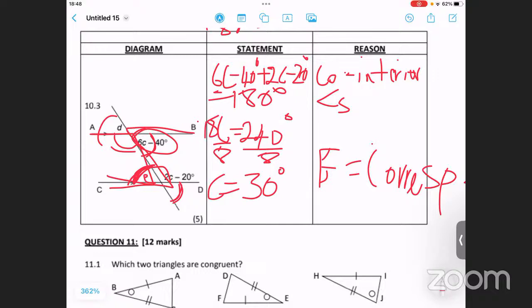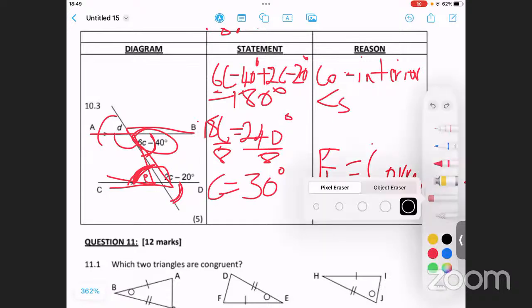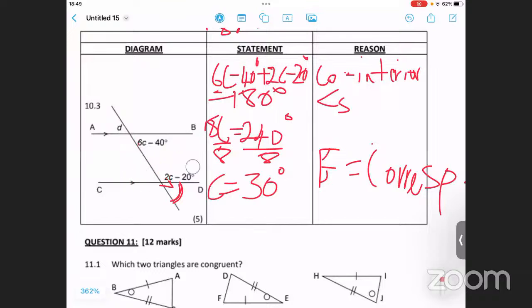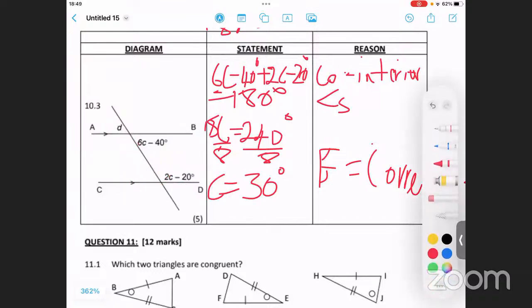So basically, if you have something like this, you are able to get the values. You see, there's many ways of calculating certain angles. Let me try to wipe this whole thing.